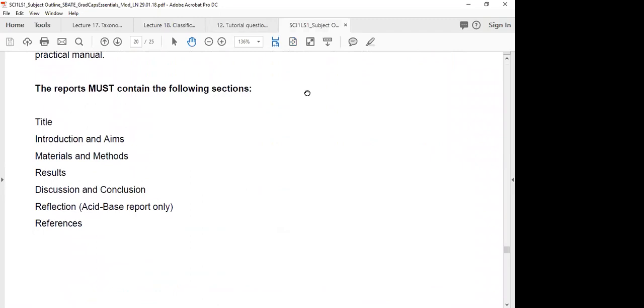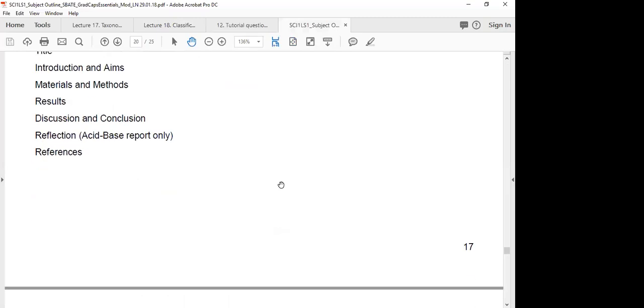Okay, so here's the different sections that you need to include in your lab reports. This is what I wanted to point out. This reflection part of the lab report is required only for the acid-base titration report, and the reflection only has to be a very brief paragraph.